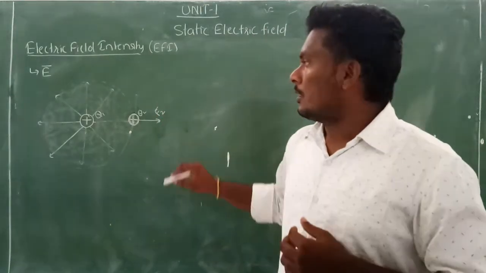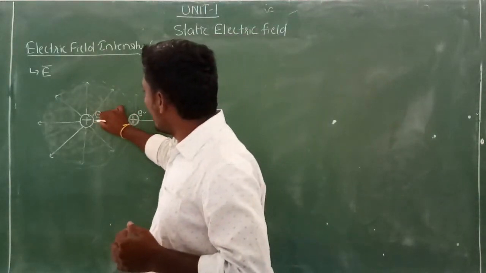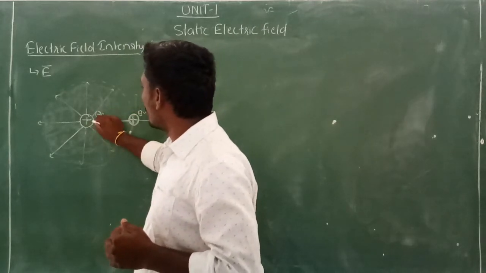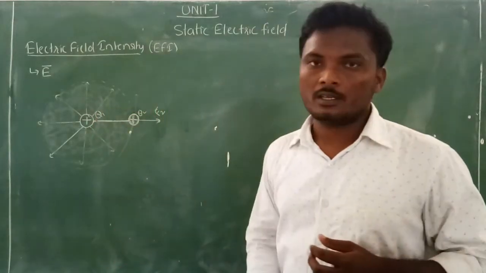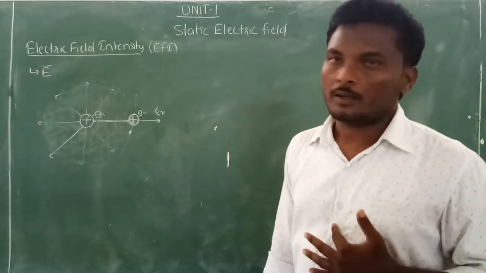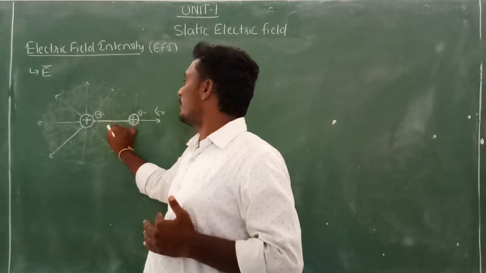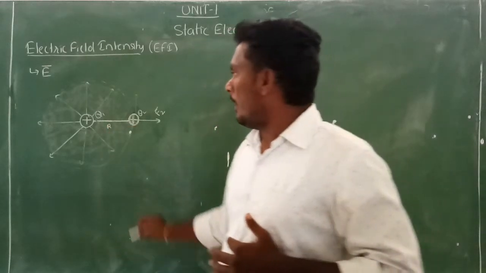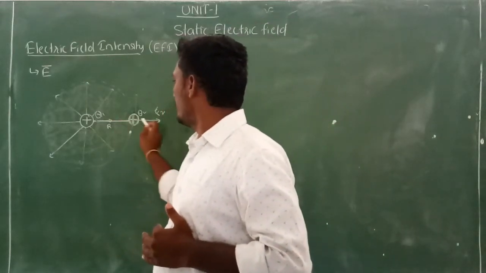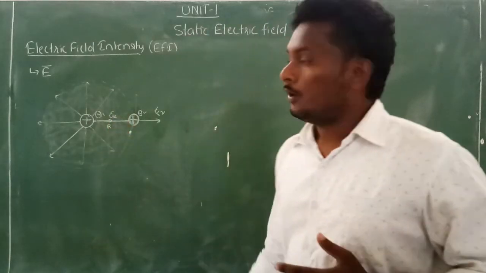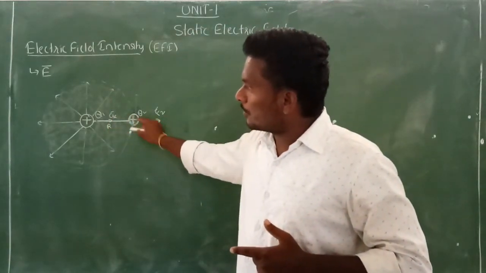According to which law are we going to write the expression for force here? According to Coulomb's law. Consider the distance between Q1 and Q2 is r, and the direction is towards Q2. Why? Because we are writing the expression for the force exerted on Q2 due to Q1.